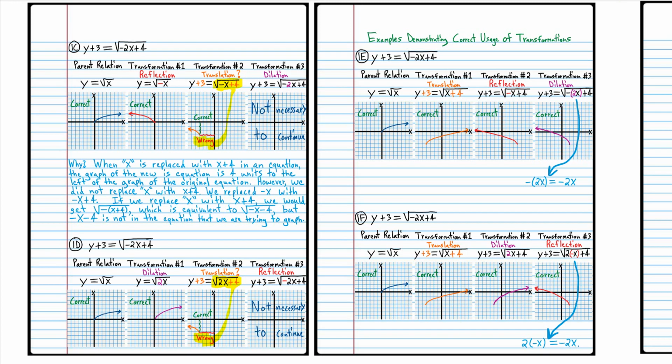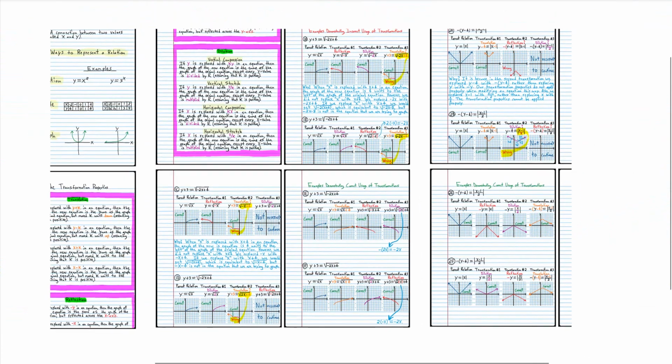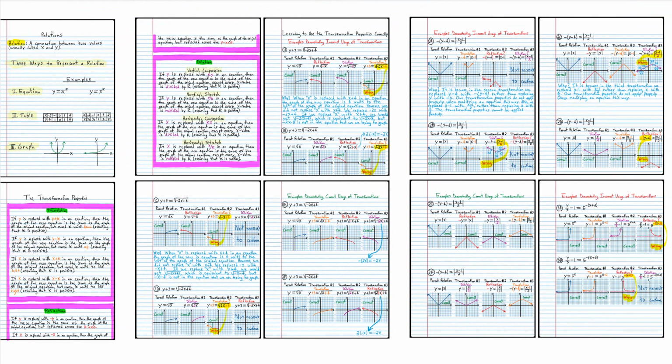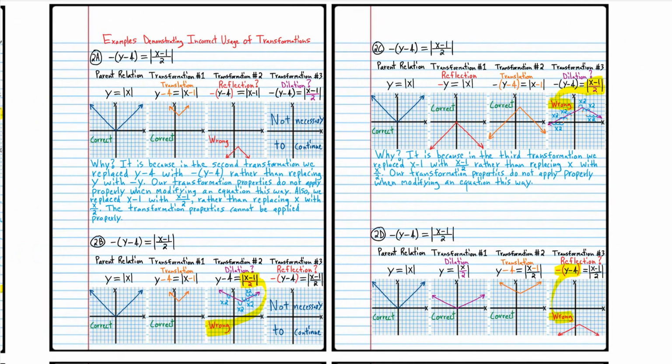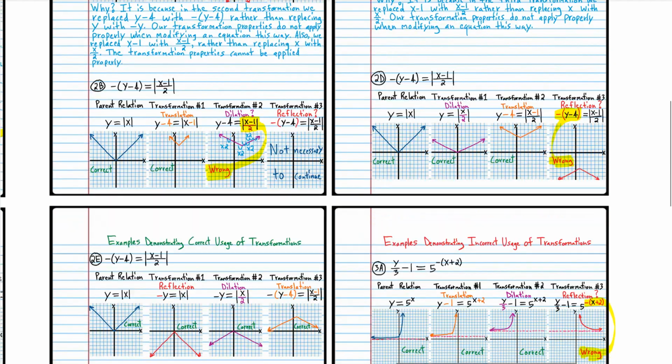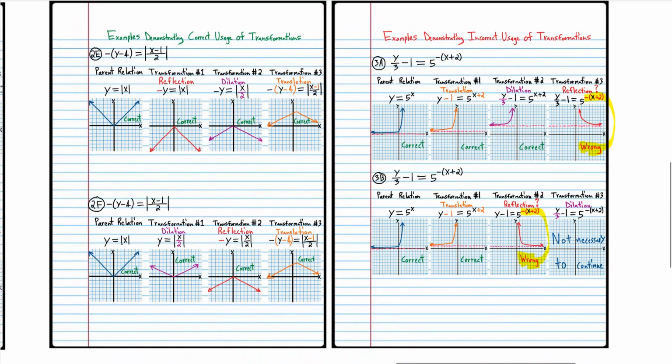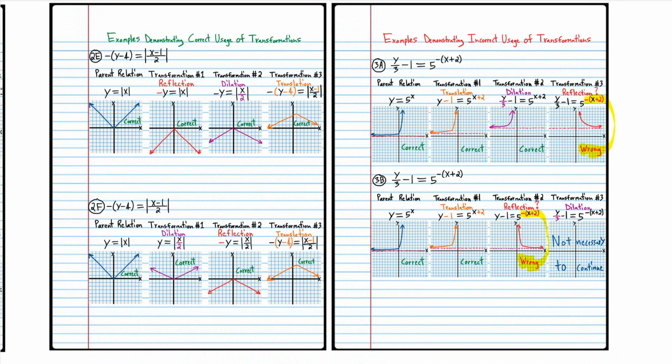So here's one example. 4 of those possible pathways are wrong and 2 are correct in that example. Here's another example using the absolute value relation. These 4 pathways are incorrect. And we have 2 pathways at the left that are correct.